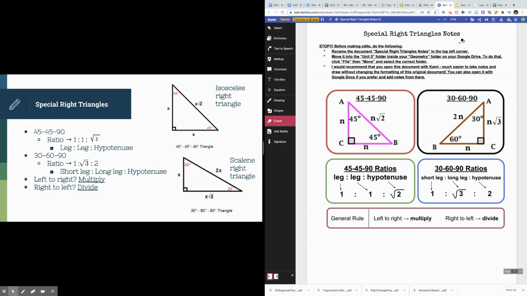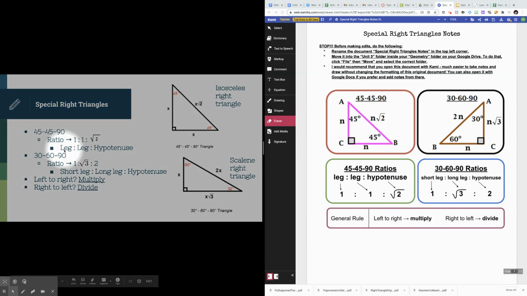Okay, so your two special right triangles are an isosceles right triangle, which we call a 45-45-90 triangle. The ratio between the side lengths in a 45-45-90 triangle is 1:1 to root 2.